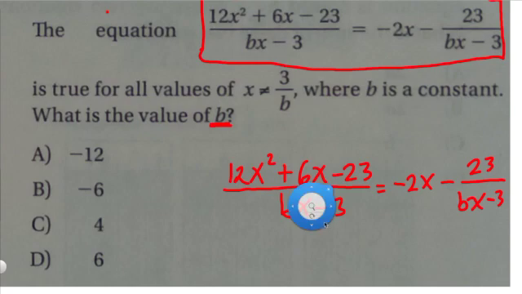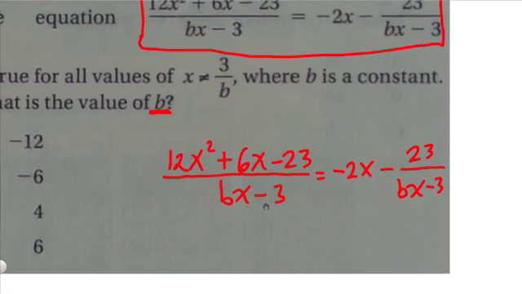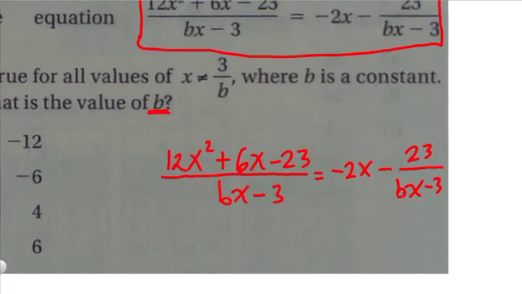We have to multiply this equation by the common denominator. Here the denominator is bx minus 3, and here the denominator obviously is 1. So the common denominator for all of this is bx minus 3, and we can first multiply this equation by bx minus 3.